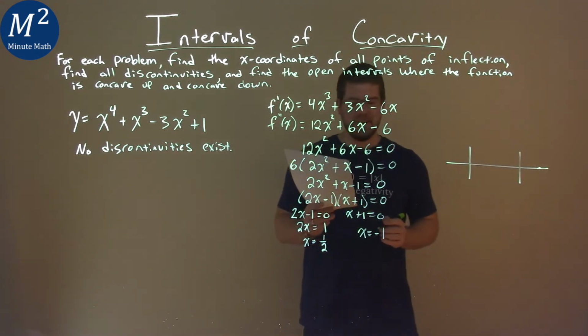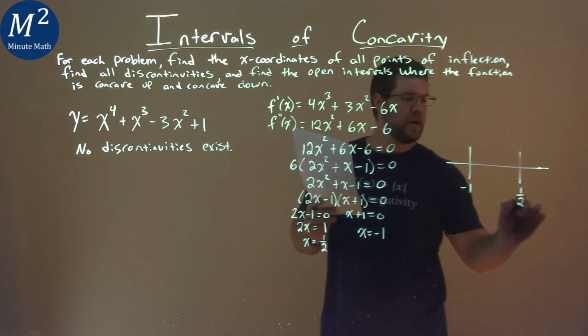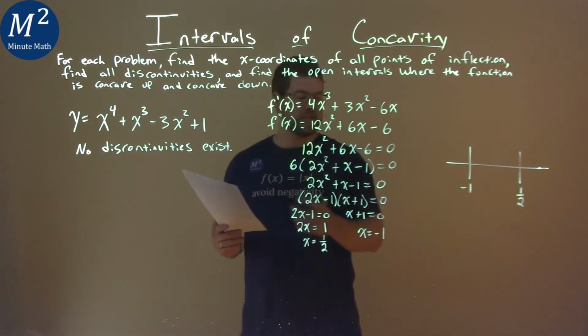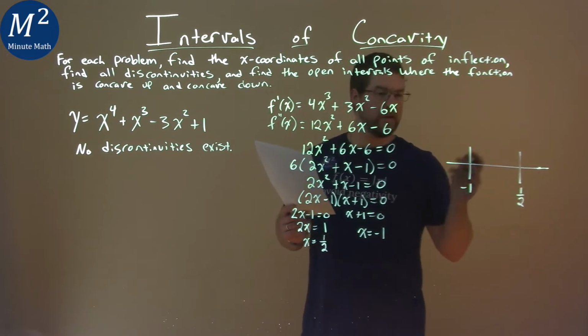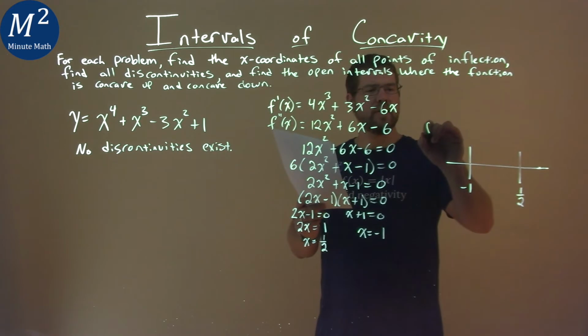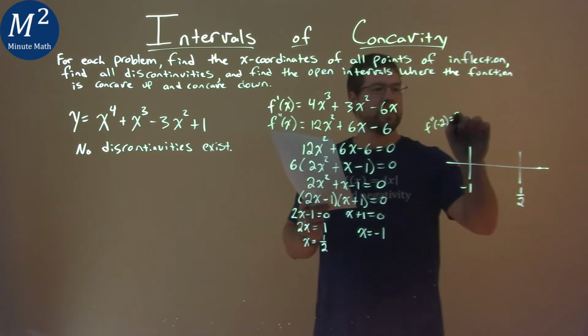And from there, I start with the negative 1 and 1/2. And for our second derivative test here, we need to plug values into our second derivative and see if they're positive or negative within these intervals. So I picked negative 2, so I said f double prime of negative 2, and that came out to be a positive 30.